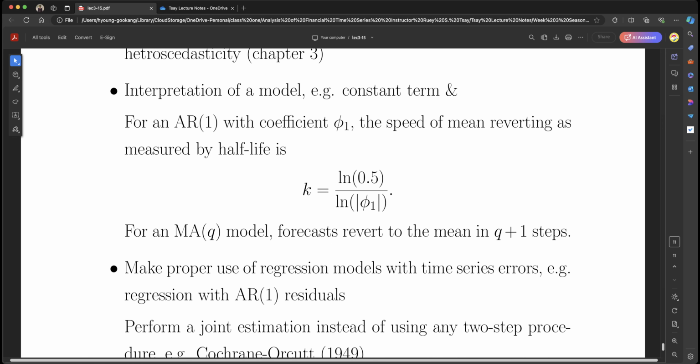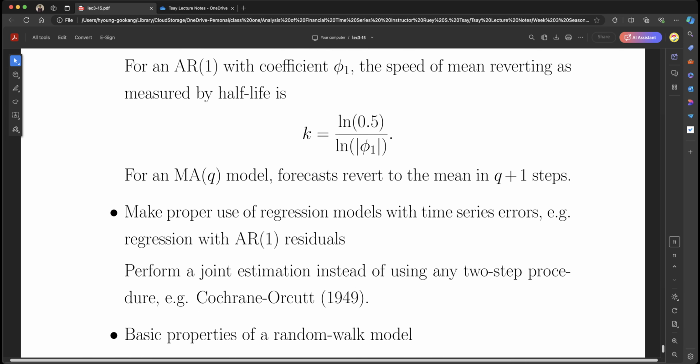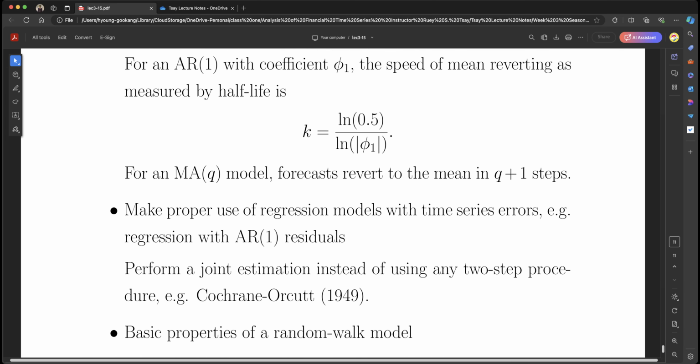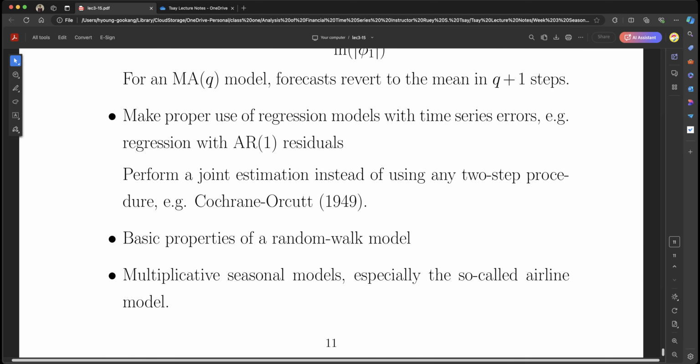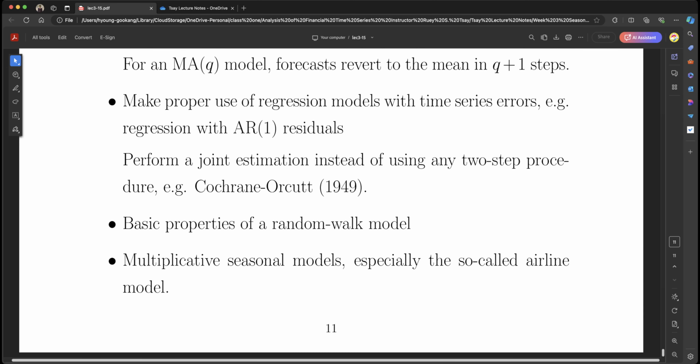Make proper use of regression models with time series errors, for example regression with errors following a time series. Perform joint estimation instead of using any two-step procedure like the Cochrane-Orcutt procedure. Now, basic properties of the random walk model and the multiplicative seasonal model, especially the so-called airline model.